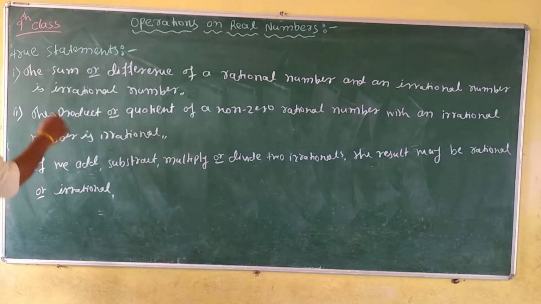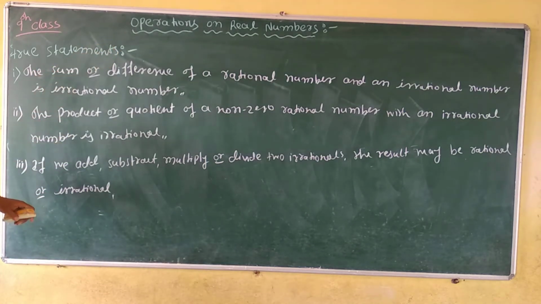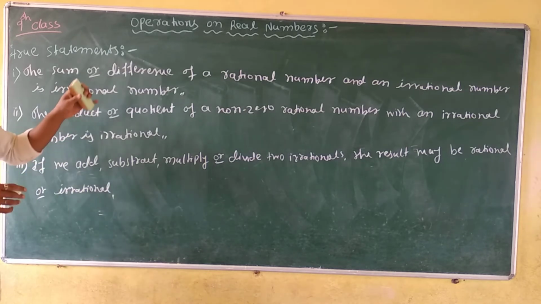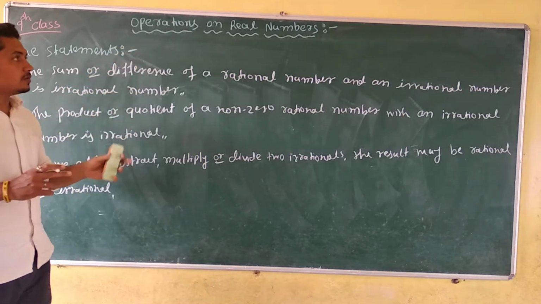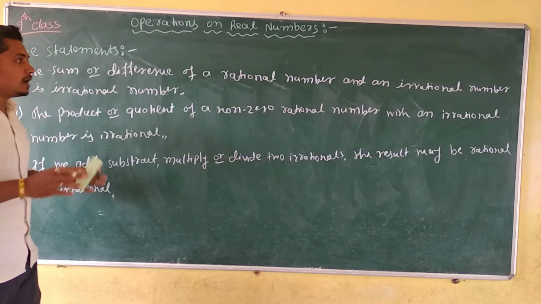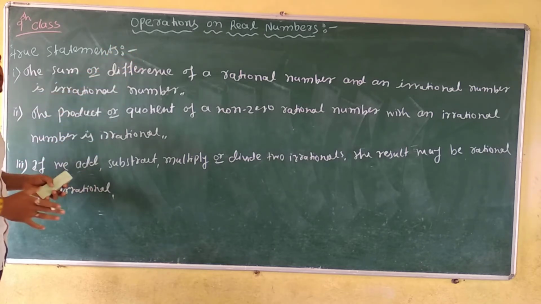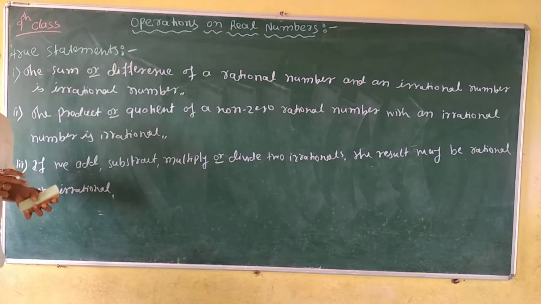See here, these are the three statements for the operation of the real numbers. In the last class we did some operations on the real numbers, the rational numbers and irrational numbers, and in this class we did the operations with two irrational numbers.